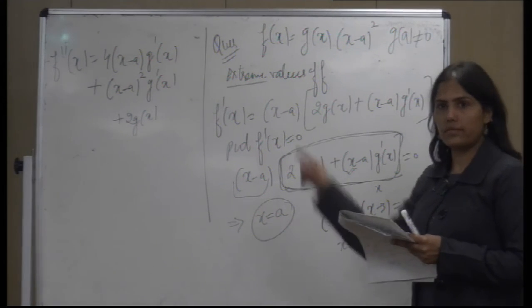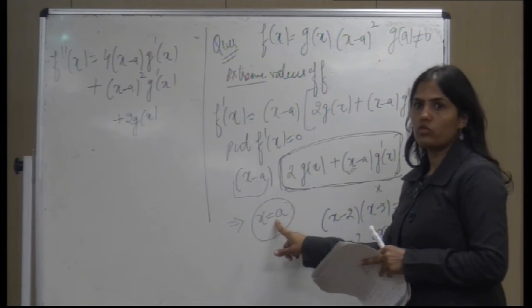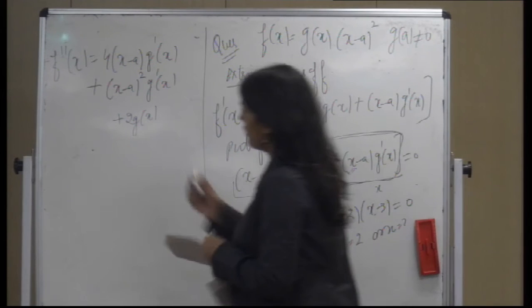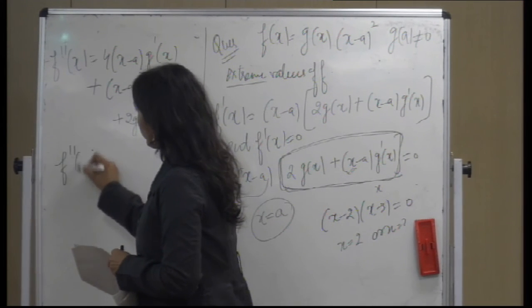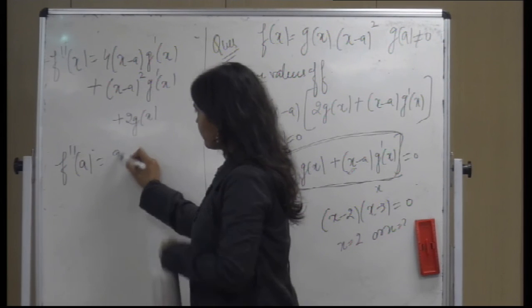The same answer you are getting? Fine. So at x equal to a I have to check. So f double dash a, how much are you getting? This is 0, so 2GA.